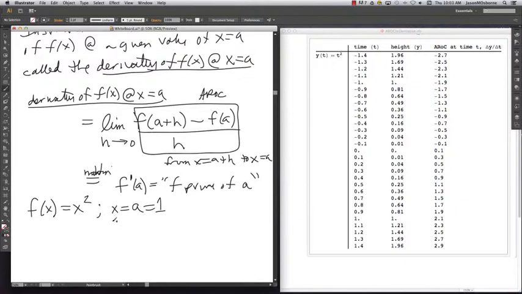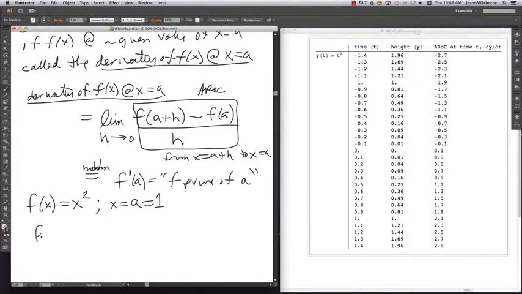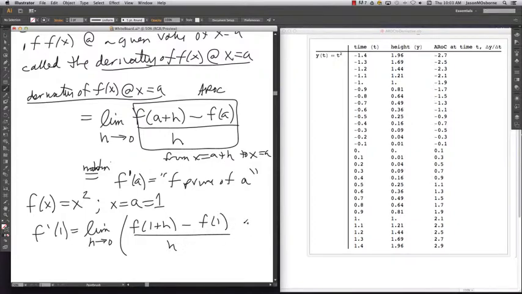Now we know what f prime of 1 is. This is the derivative of the function f of x at the value x is equal to 1. It's the limit as h goes to 0 of the function evaluated at 1 plus h minus the function evaluated at 1, divided by h.